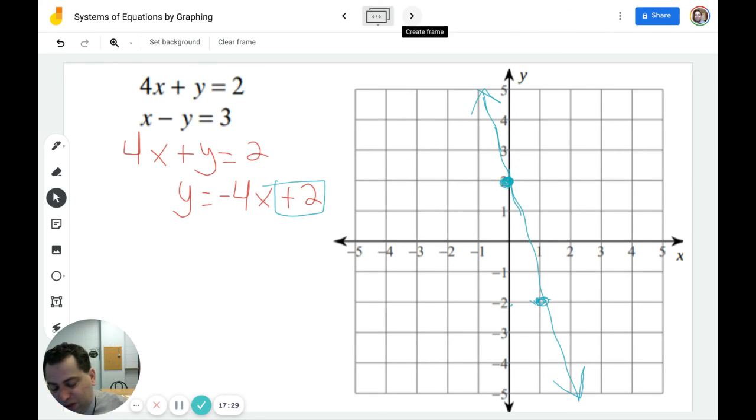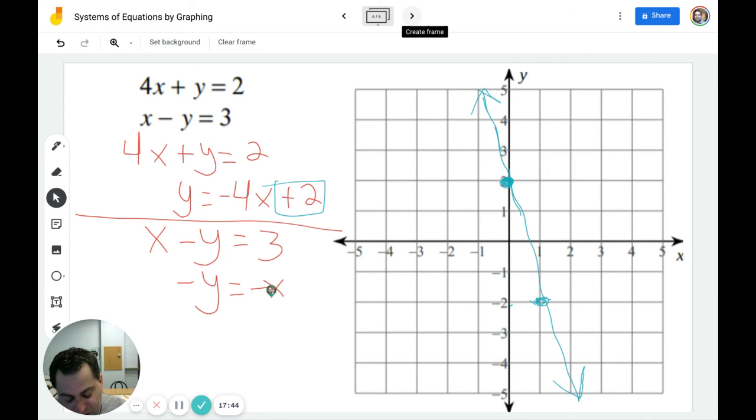Okay, let's take a look at the second one. We have x minus y. Start by moving the x over. I get -y equals -x plus 3. And because I have -y, I have to change the sign on each term. So I get y equals x minus 3.